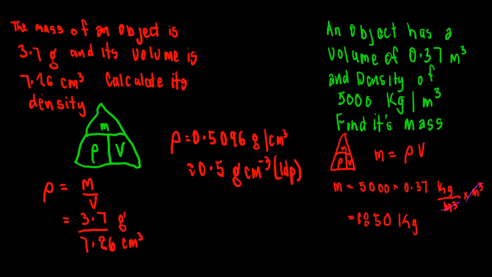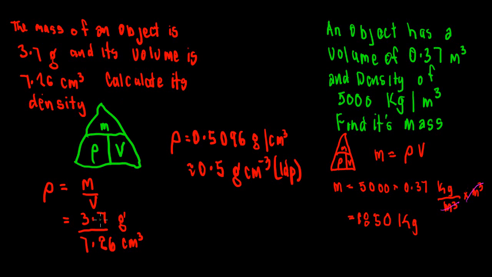Here is our first little sample problem. The mass of an object is 3.7 grams and its volume is 7.26 cubic centimeters. Calculate its density. So density is what we want to find. Put your finger on density. It's equal to M over V, mass over volume. So let's work with that.